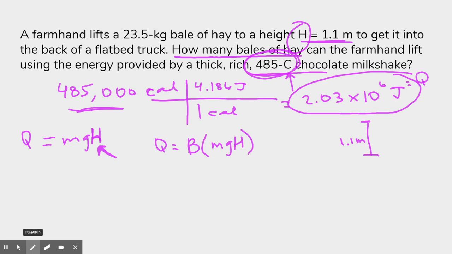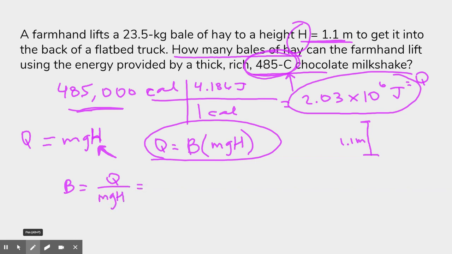So now this is the hardest part, was figuring out this formula. Now that we have that, we can just rearrange and solve for B, bales of hay. So the bales of hay is going to be equal to our Q value divided by mgh.